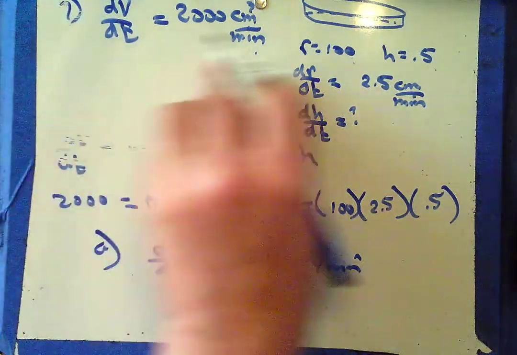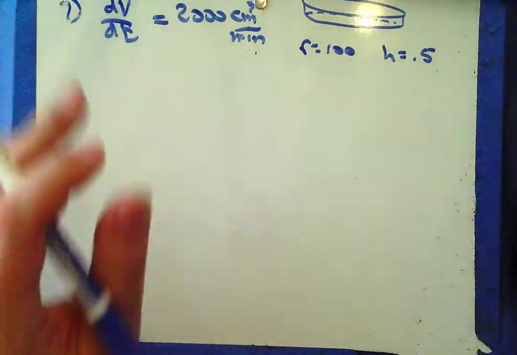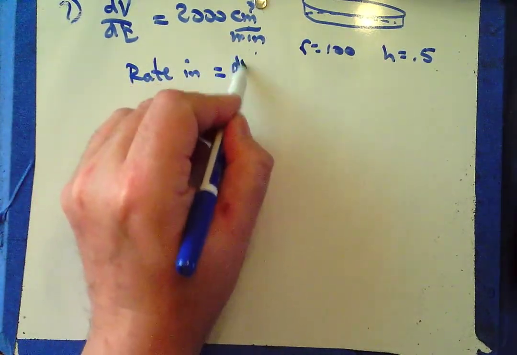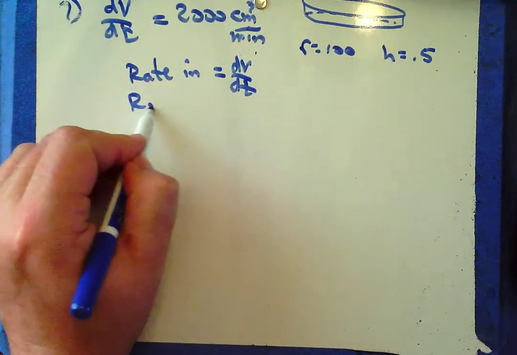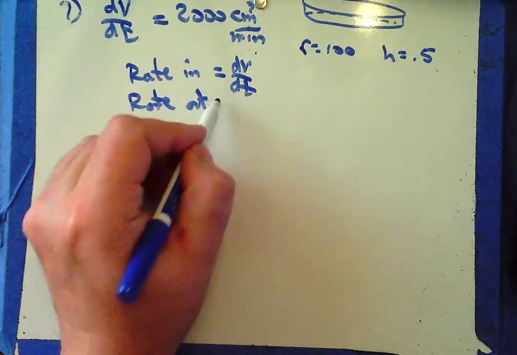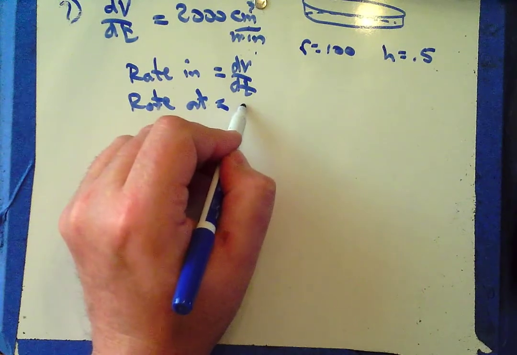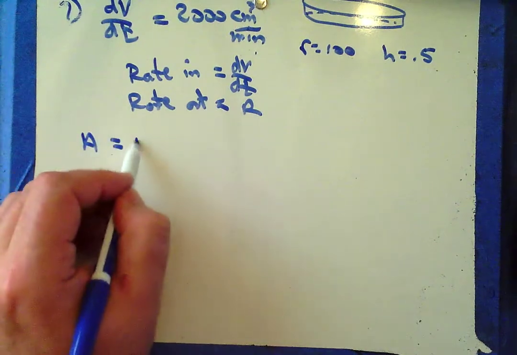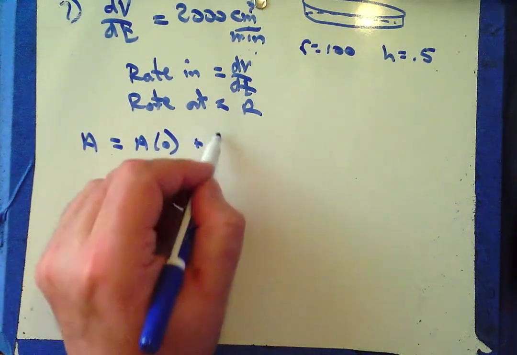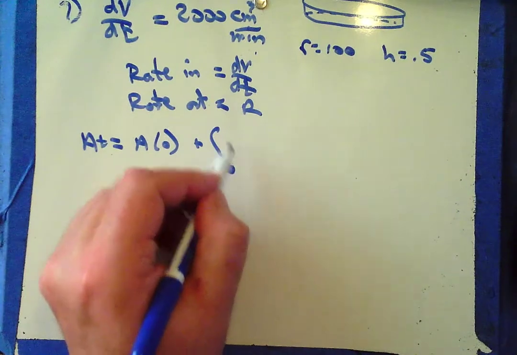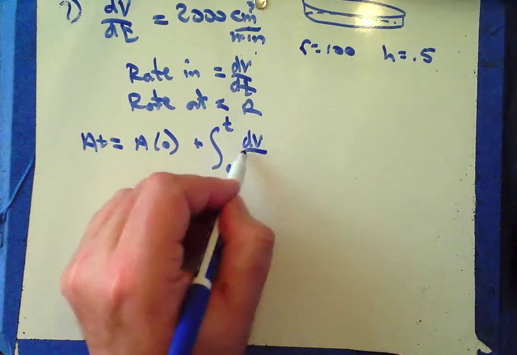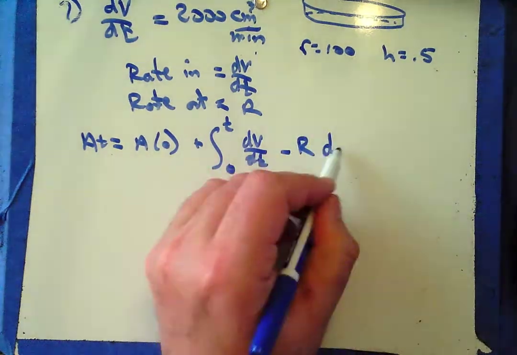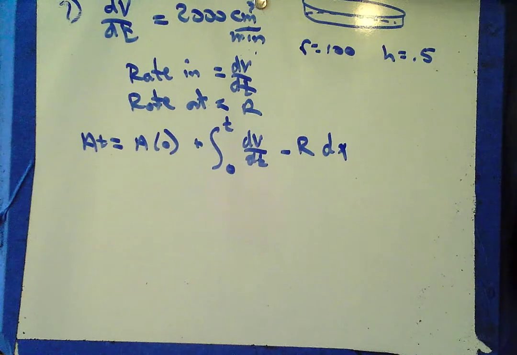Well, what I'm thinking about here is that our rate in is dV/dt, and our rate out is this thing that they're calling R. And so the amount is the amount at time equal to 0 plus the integral from 0 to t of dV/dt minus R dx. That's what I'm thinking about for this problem.